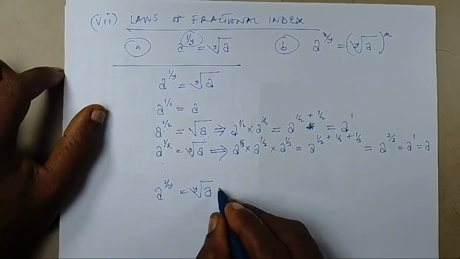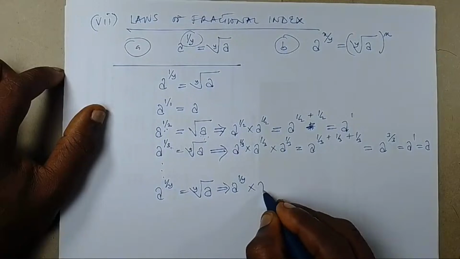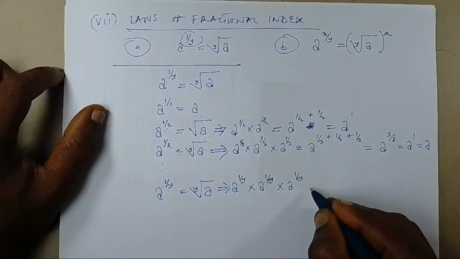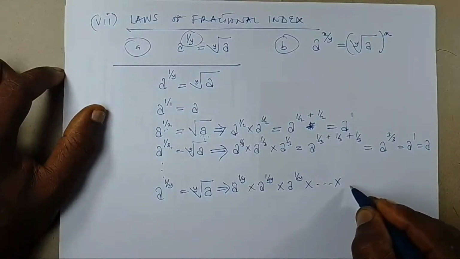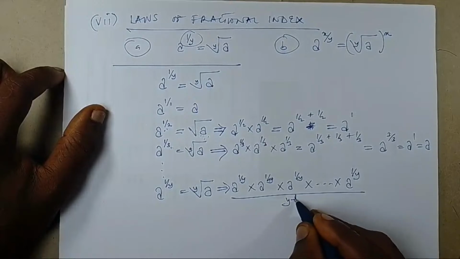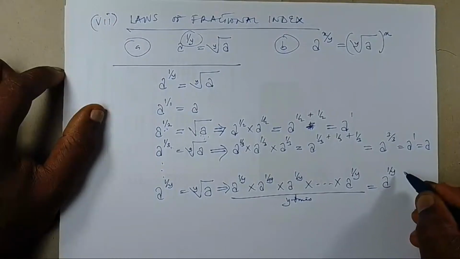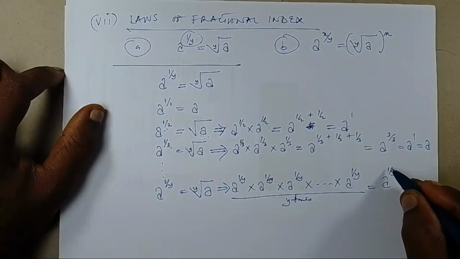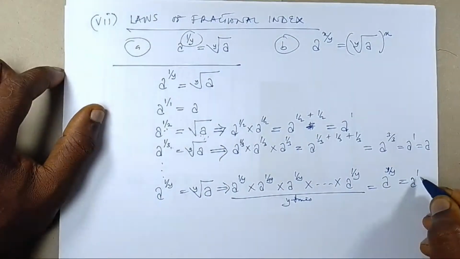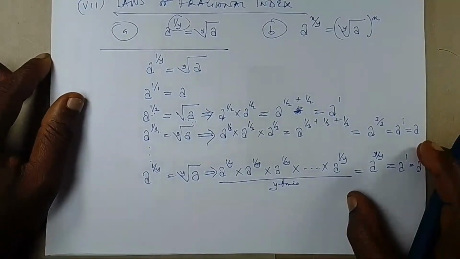By deduction, this is also true, that a raised to the power 1 over y times a raised to the power 1 over y times a raised to the power 1 over y, for y times, will give you a raised to the power 1 over y times y, and that would mean a raised to the power 1, which is itself a. So this law is actually true.